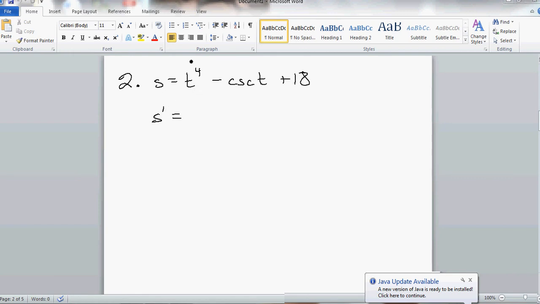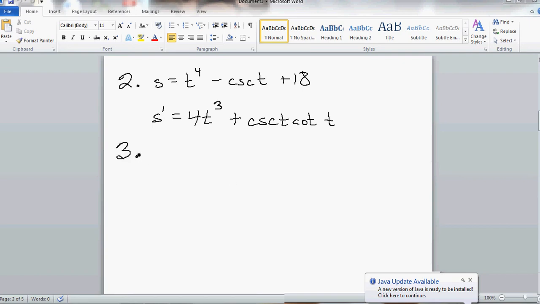All we do is take the derivative of this, bring the exponent out front, that's 4t cubed, and the derivative of cosecant t is a negative, so negative minus a negative will become plus cosecant t cotangent t, and taking the derivative of 18, we get 0. And so here is the final derivative, 4t cubed plus cosecant t cotangent t.